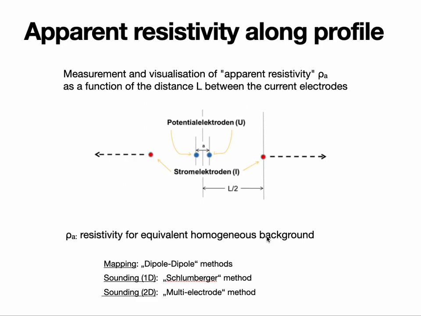In practice, the subsurface is heterogeneous, and we will first measure it as a homogeneous background, and then we will try to recover the actual distribution of resistivity by running an inversion procedure, to be discussed in the next slide. There are different types of arrangements that can be used. We'll briefly discuss the dipole-dipole method. We mostly discuss the Schlumberger method as well as the multi-electrode method.